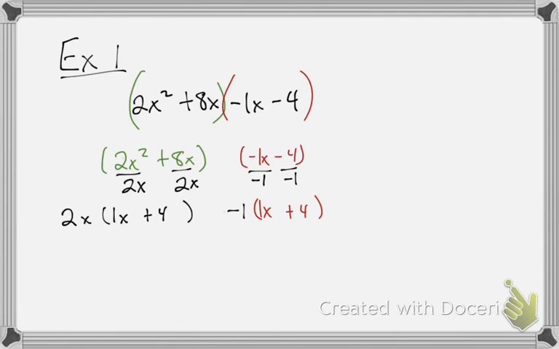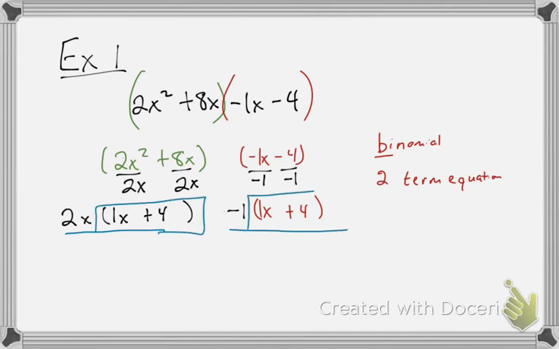Now it said find a common binomial. A binomial is a two-term equation, bi meaning two. So I'm looking for a two-term equation in my problem, and I do see one of those. Both the left side and the right side of my equation gave me x plus 4.